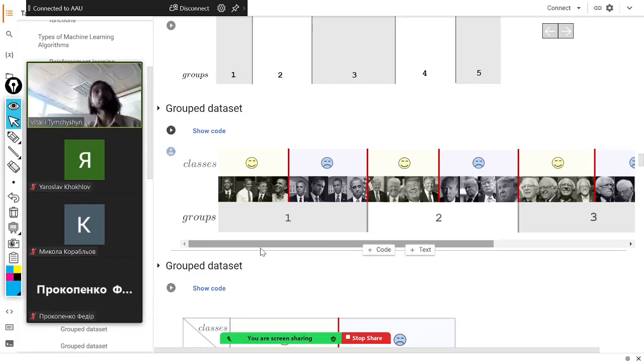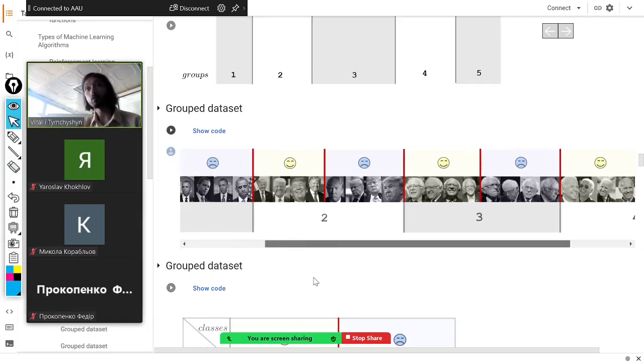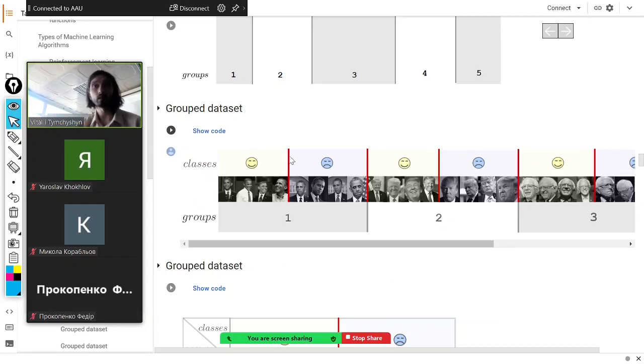I put different people into different groups. So each group is one person. One group for Barack Obama, one group for Donald Trump, and so on and so forth. Each of these groups has some number of images. Some of them go to class 1, others go to class 2.